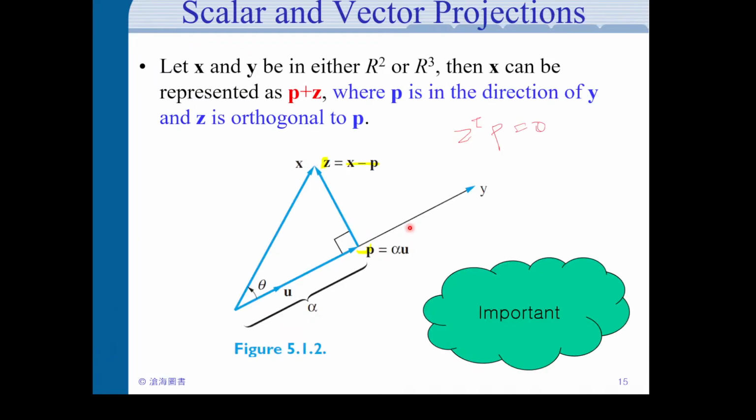This is just from geometry, because we know this length alpha from this triangle here. We have x, this line and this line, and by trigonometry the length of this edge is just cosine theta times the length of this edge.